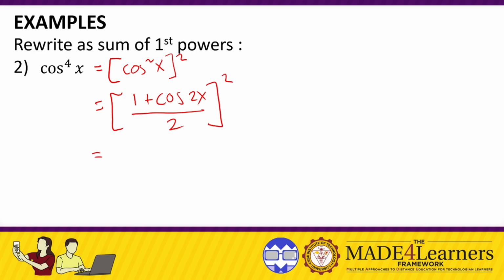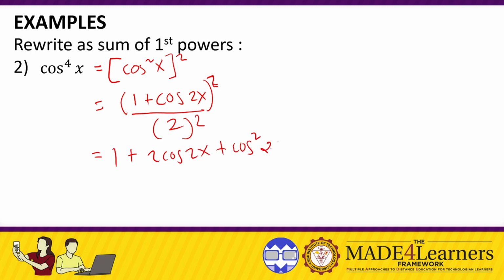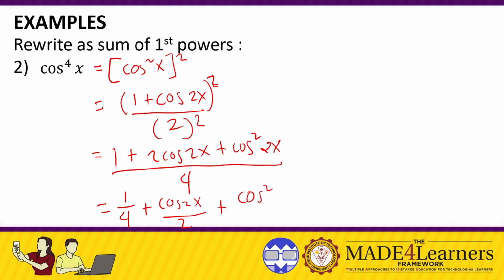Then distributing the square, we'll have a square here and of course a square here also at the denominator. So we have a square of a binomial: 1 plus 2 cos 2x plus cos squared 2x, all over 2 squared, which is 4. Then separate everything, so we have 1/4 plus cos 2x over 2 plus cos squared 2x over 4.